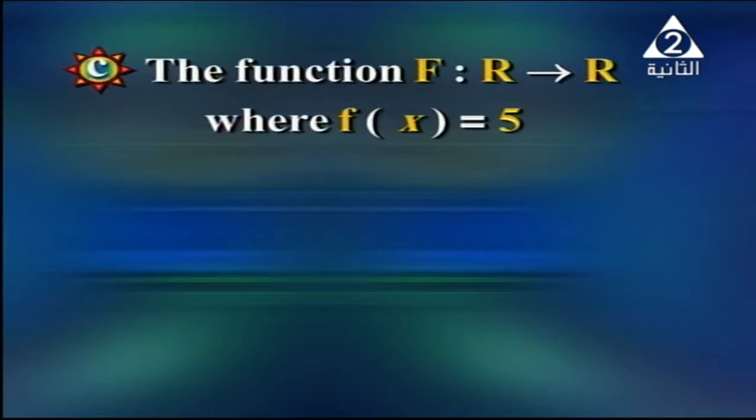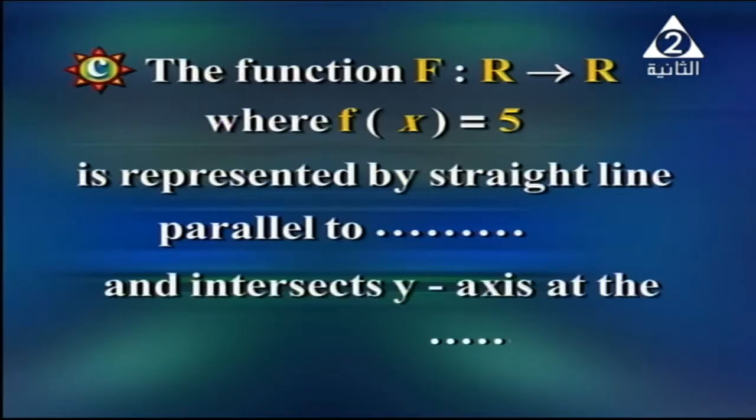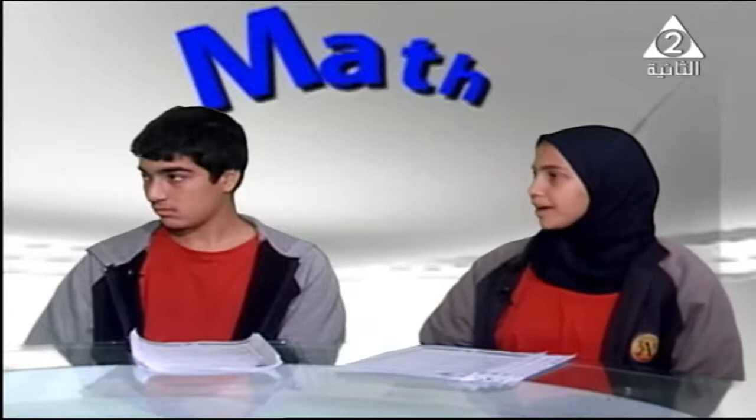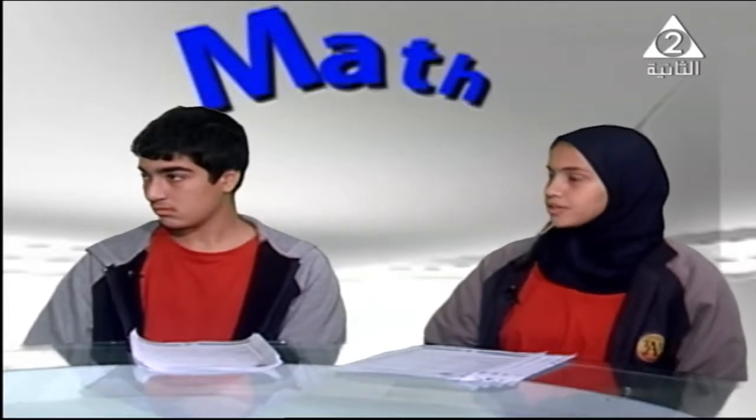Then the function f from R to R where f(x) equals 5 is represented by a straight line parallel to what and intersecting the y-axis at what point? Habiba: It will be parallel to the x-axis and intersect the y-axis at the point (0, 5). Habiba, this function is called a constant function, not linear.